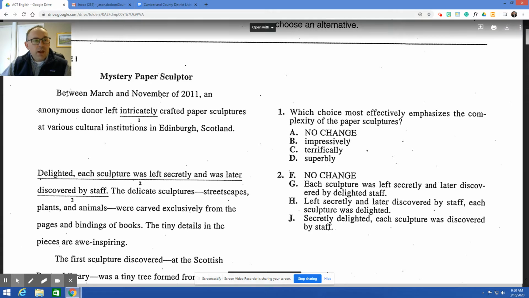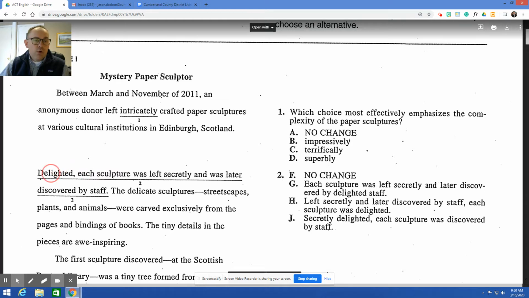All right, so that whole sentence there, let's go ahead and read that. Between March and November of 2011, an anonymous donor left intricately crafted paper sculptures at various cultural institutions in Edinburgh, Scotland. Delighted, comma, each sculpture was left secretly and was later discovered by staff. Now, automatically, I can find that there's something wrong with this sentence.